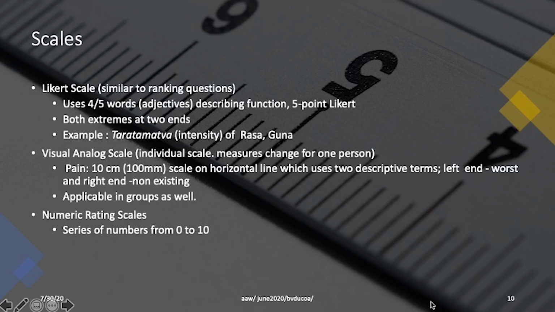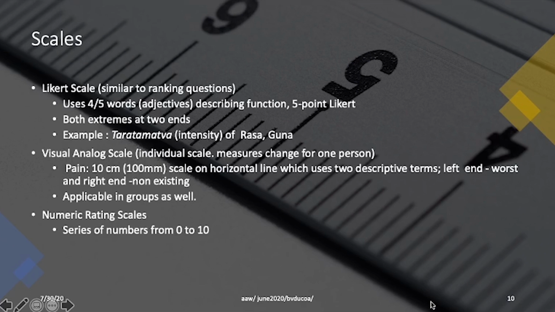Here, a 10 centimeter scale on a horizontal line uses 2 descriptive terms. The left end is generally the worst, and the right end non-existing. So the worst pain is the left end, and non-existing pain is the right end.